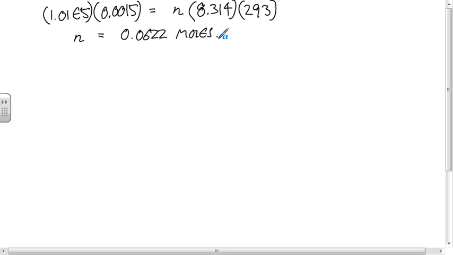Okay, so now if we can use the periodic table to figure out the mass of one CO2 molecule, then we can use this to figure out how many kilograms of mass we have.